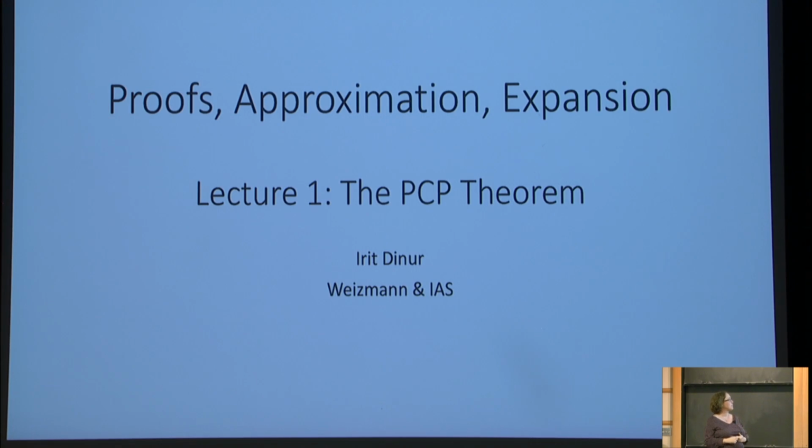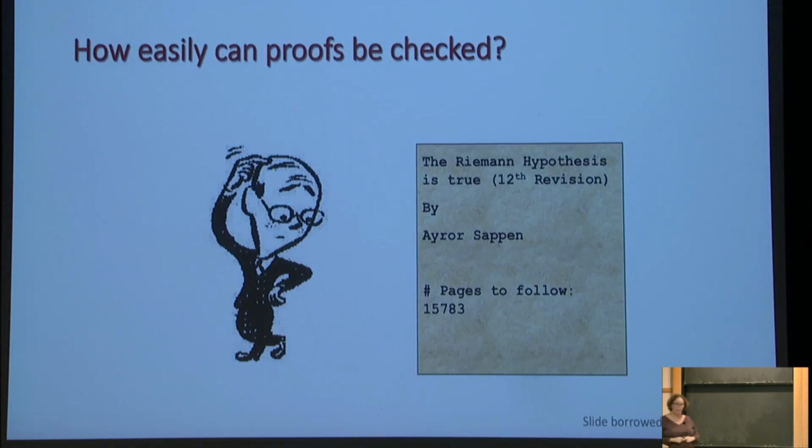So this is where the PCP theorem came from, but very quickly, even before it was proved in its stronger form, it was realized that this is very tightly connected to approximation. So really, the PCP theorem and hardness of approximation are very organically related, and we will see this. Okay, so let's talk about proofs.